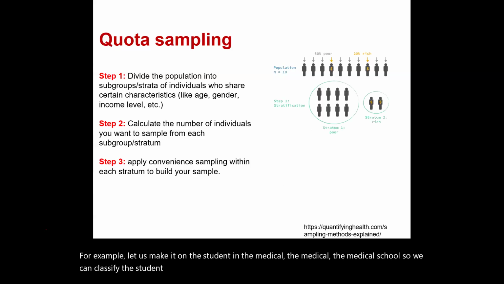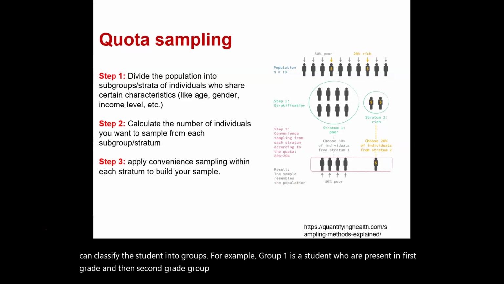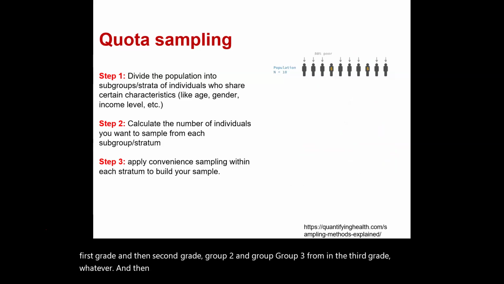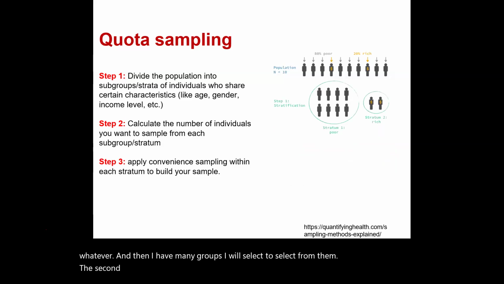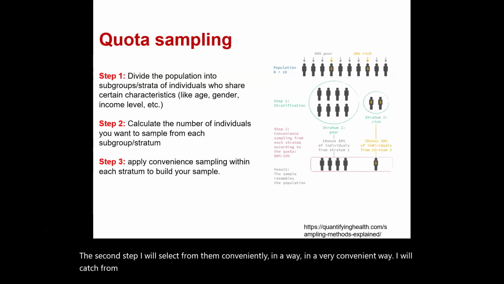For example, group 1 is the students who are present in first grade, and then second grade, group 2, and group 3 from the third grade, whatever. And then I have many groups. I will select from them. The second step, I will select from them conveniently, in a very convenient way. I will catch from the first grade some students, from the second grade some students, and etc.